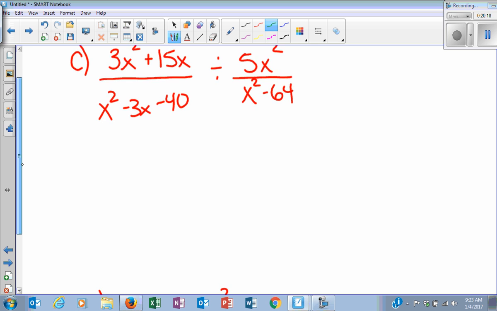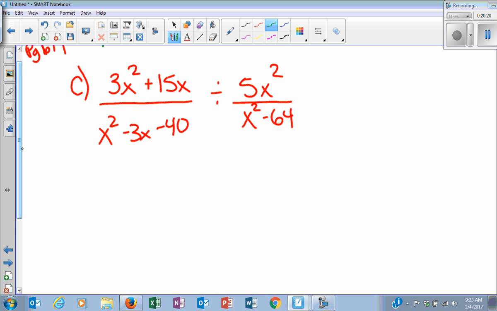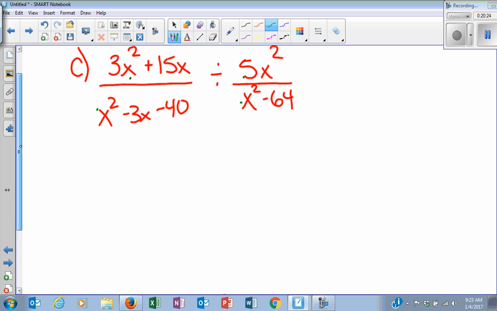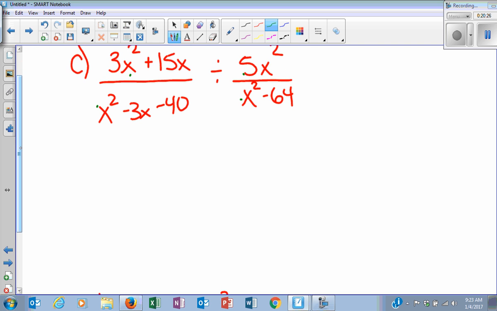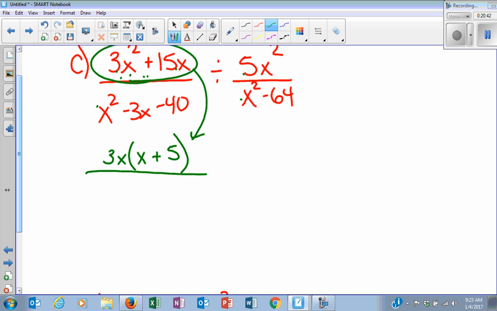So what I do is I first factor all these guys. So the first thing I'm going to do is factor this, and factor that. That's already factored. So I go, okay, what can I pull out? I can pull out a 3x for my top. They both have a 3x in common. And then I'm left with x plus 5. Now I'm going to factor the bottom one.